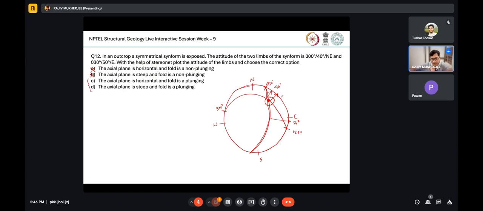So now if we just pass a great circle from this intersection point, we will see that the axial plane has a very high dip. We can say the axial plane is going like this.